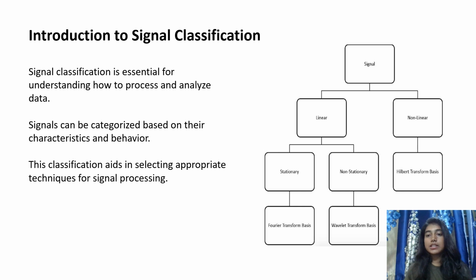So now we can see that signals are classified into two, linear and nonlinear. Further, linear is classified into four groups: stationary, non-stationary, Fourier transform basis, Wavelet transform basis. And nonlinear is classified into one, which is Hilbert transform basis. So we'll be studying all these things one by one.